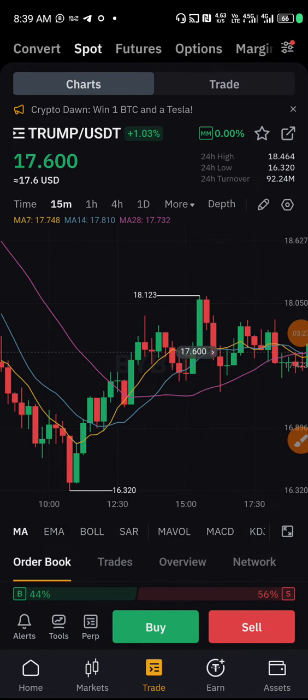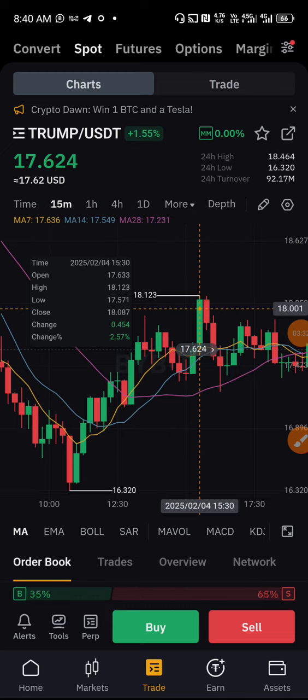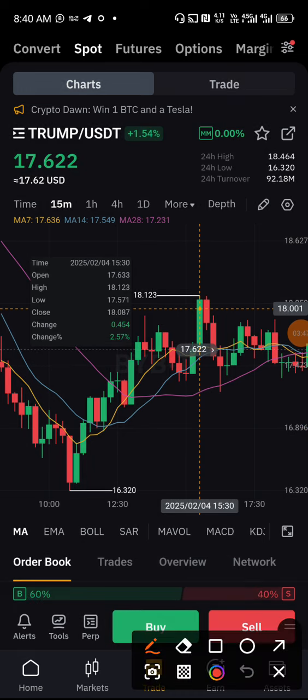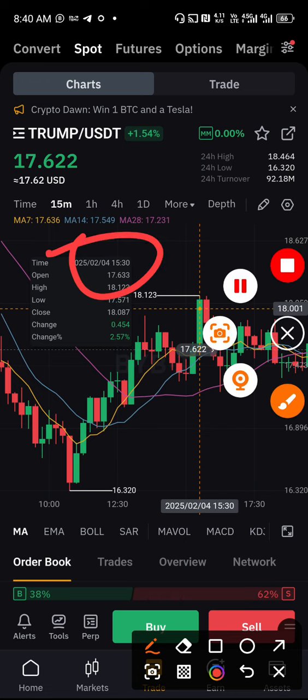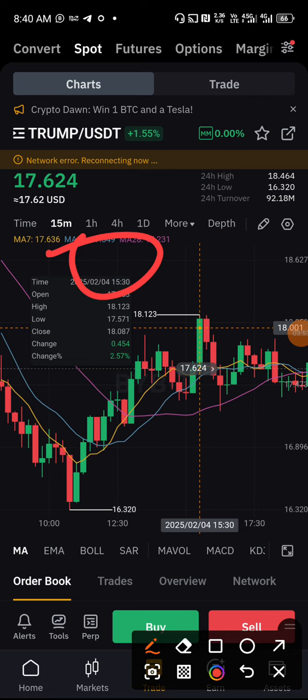If you come up to this 18.6, you look at it and see what time exactly this one ended. It was around 15:30, which is around 3:30.